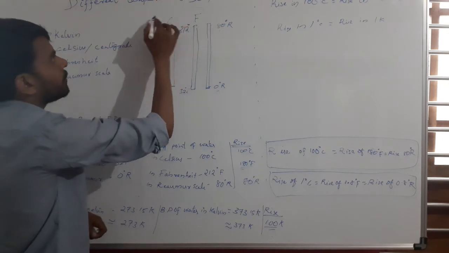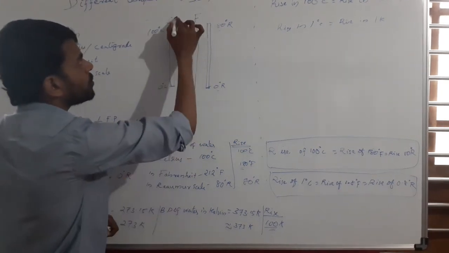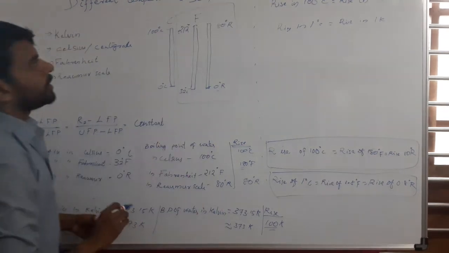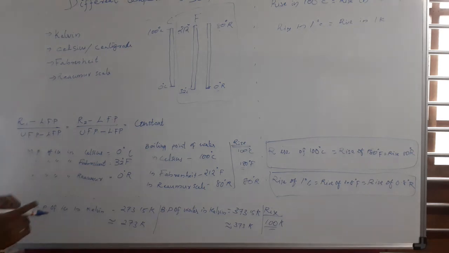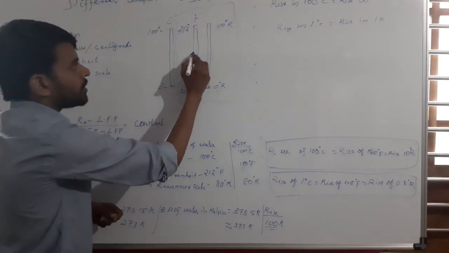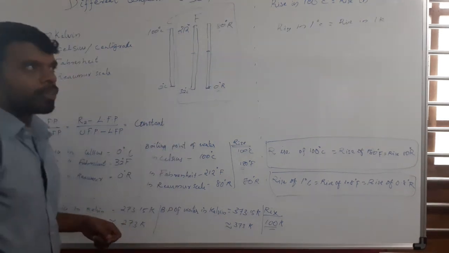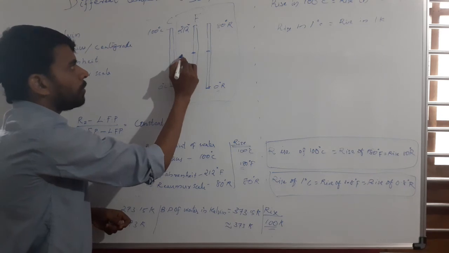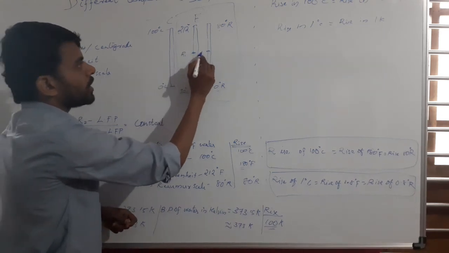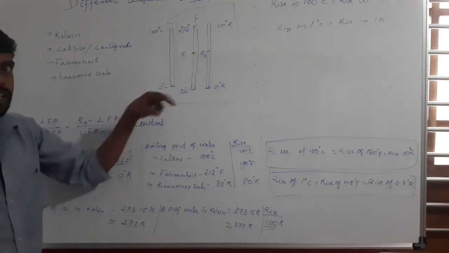This one we already learned, so we can relate these two. See Fahrenheit and Reamur I am telling. For example, at a particular stage we stopped heating and we denoted the mercury column, this one as R1, this one as R2. So these are the corresponding temperatures at that particular stage.